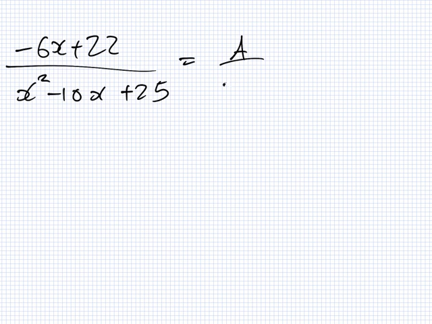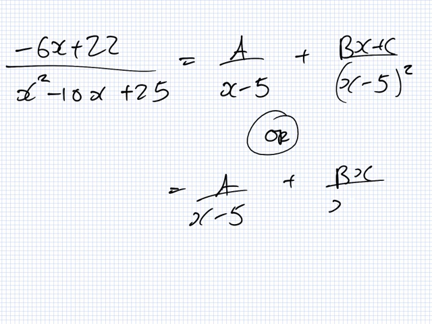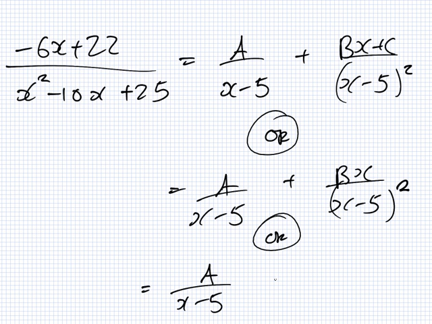You can have A over x minus 5 plus bx plus c over x minus 5 squared, or you can say this is equal to A over x minus 5 plus bx over x minus 5 squared, or you can say this is A over x minus 5 plus c over x minus 5 squared.